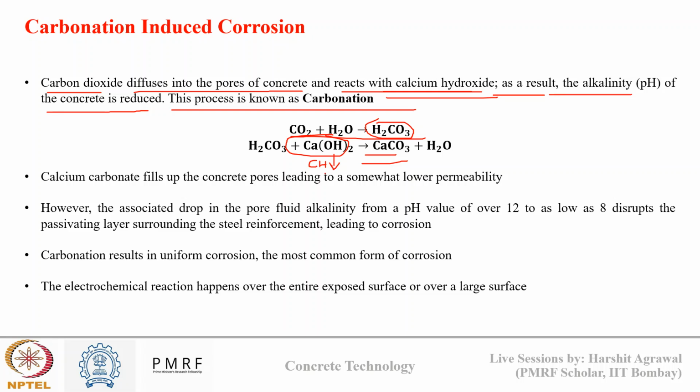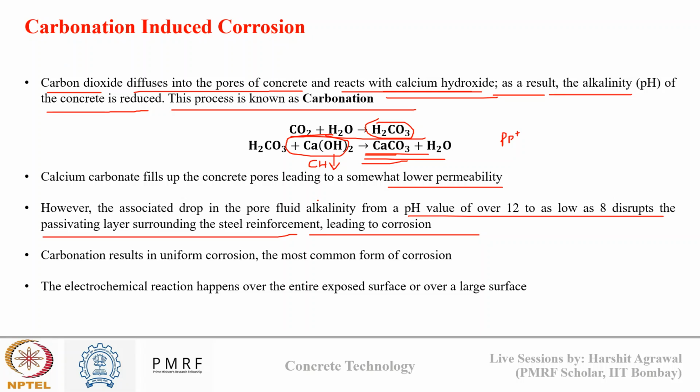Once the pH of concrete decreases, the passive layer that is formed over the steel reinforcement depletes, and that increases the rate of corrosion. But at the same time, CaCO3 is also forming, which is a solid precipitate. That precipitate will fill the pores inside the concrete, which can lower the permeability also.